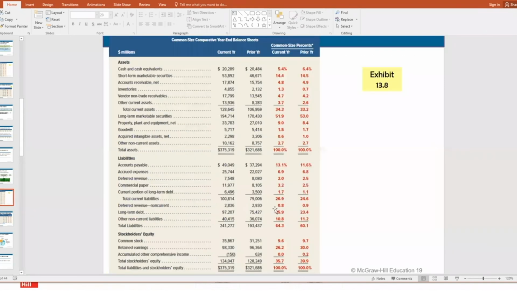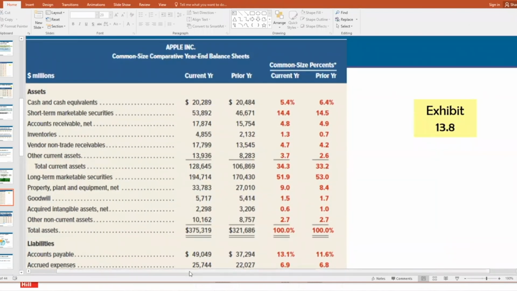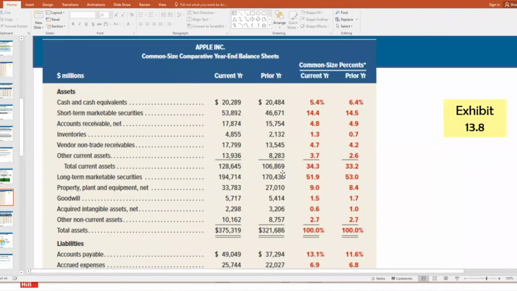On the balance sheet, I think I can make this bigger for you. On the balance sheet, we compare generally everything to total assets. In the assets section, we compare everything to total assets. So see how we set this equal to 100%? Everything above it is a portion of that, right?